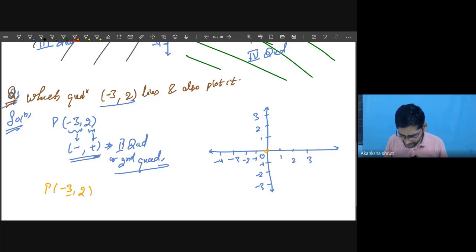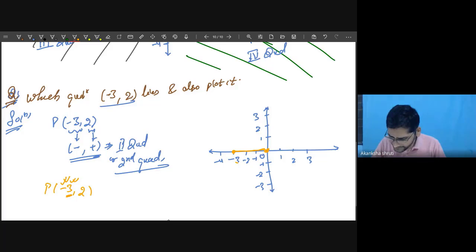So students, the first one is your x, which is minus 3. So this 3 you have to count from the origin. But from this origin, for the 3 units, whether I shall take rightward or leftward is decided by this sign. Since the sign is negative, we need to move in the negative direction. But how much? This 3 units. So this way we first reach minus 3 on the x-axis.